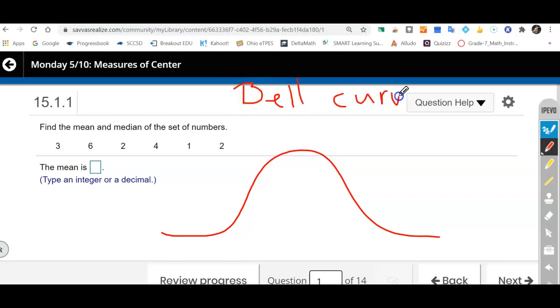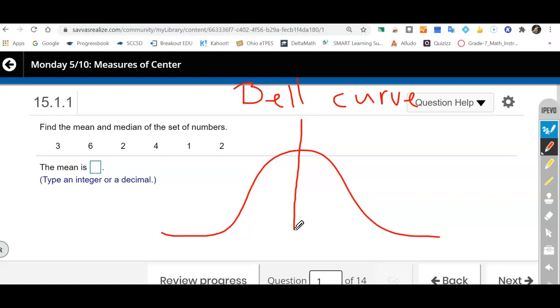Okay, and now a bell curve tells us where our data sits in relation to the other numbers in that data set. So I can tell right now that the middle of the data is right there at the top of my bell curve.